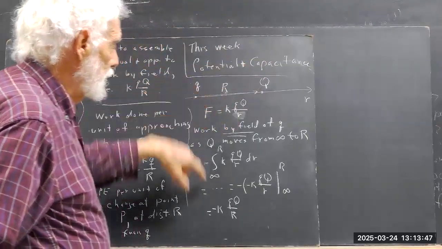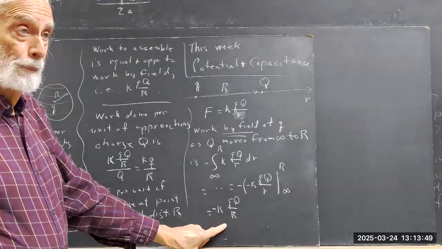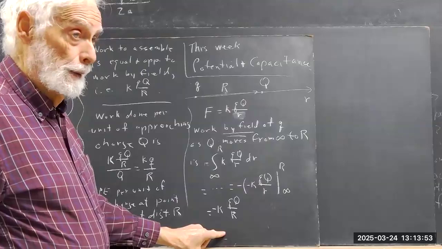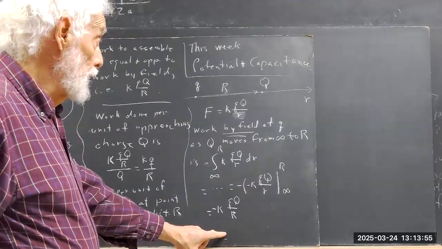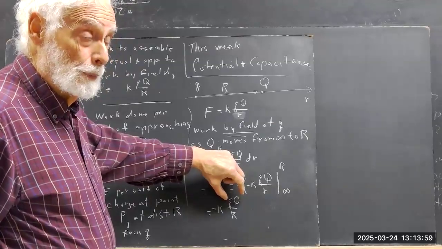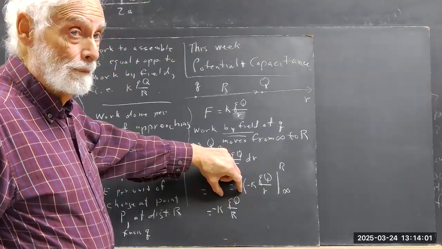So we calculate the work done by the field as we move from infinity to this point. And the field does negative work if these charges have like sign, in other words, the qQ is positive.